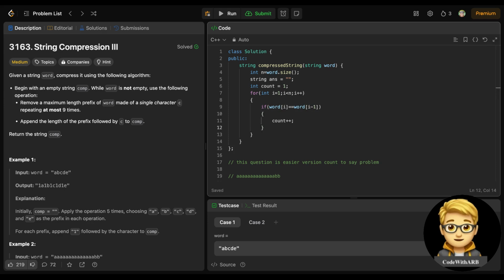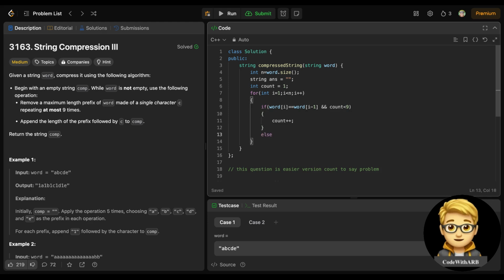Also, this count should be less than 9, not equal to 9, because at most I need to go through 9 times, right? So if it is less than 9, I will increment it, otherwise I will not.